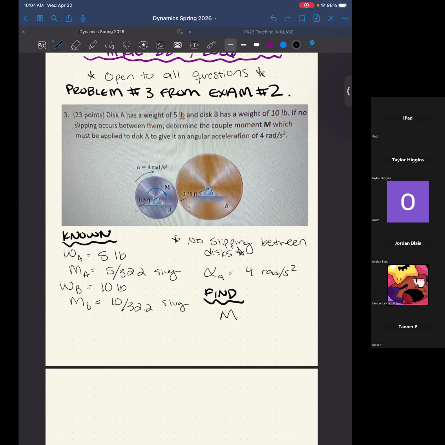A lot of people thought that no slip meant no friction, and that's not the case. There's absolutely friction between the two, and there are normal forces between the two. Both of these forces are equal and opposite of each other. Whatever friction is happening to A because B is attached to it, that same amount is happening in the opposite direction to B. Same with the normal.